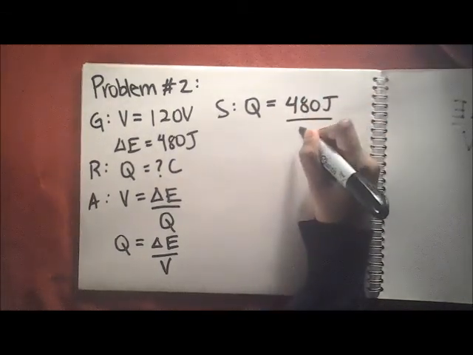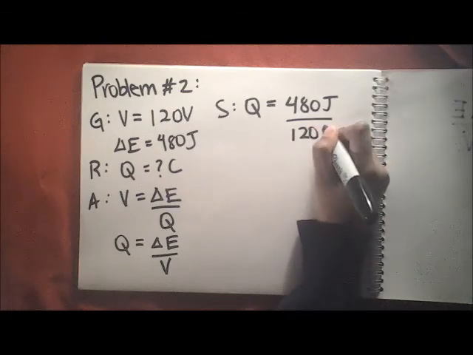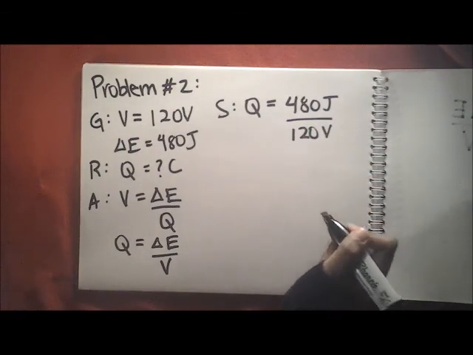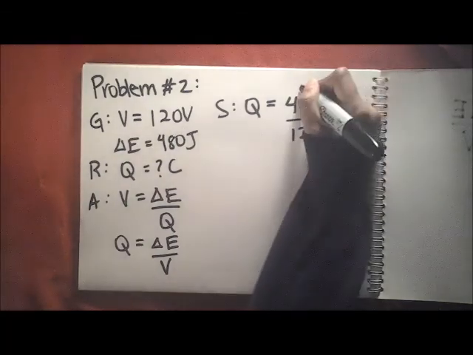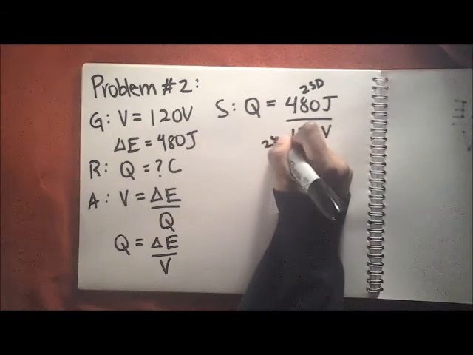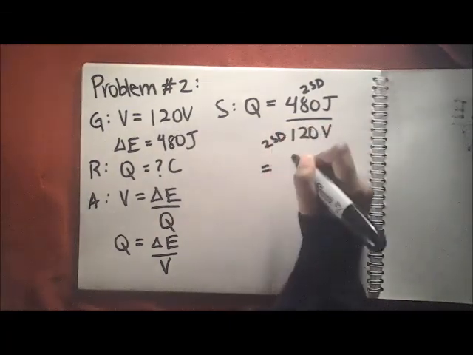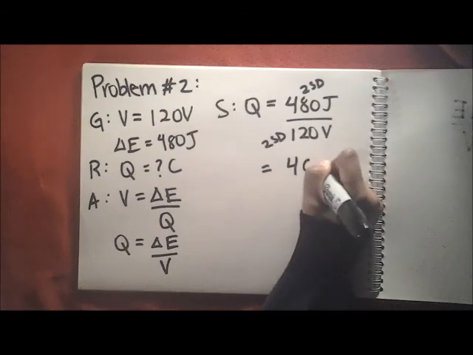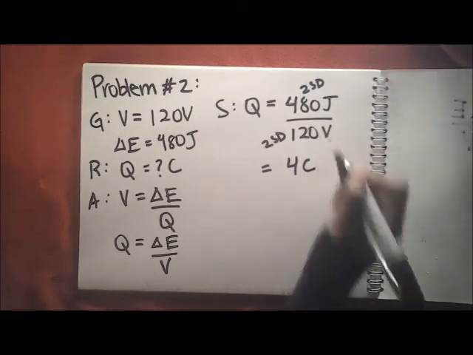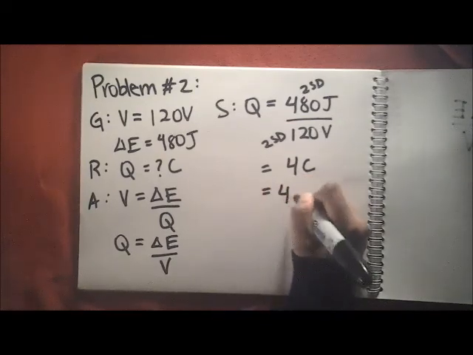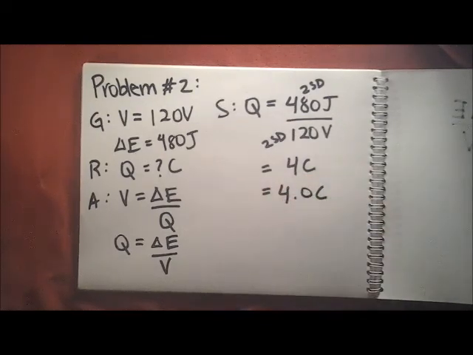Now we can fill all the given information into the rearranged equation to solve for Q. So Q should equal 480 joules over 120 volts. Next, we write our full calculated answer, which is 4 coulombs.